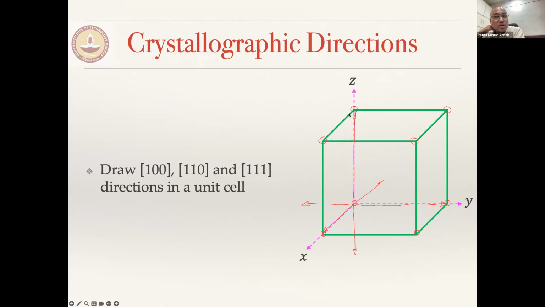Although all these directions are non-parallel, they are all considered equivalent directions, because by traveling an equal amount of distance in that direction, I am experiencing exactly the same environment. The neighborhood is exactly the same. And hence they are called equivalent directions.